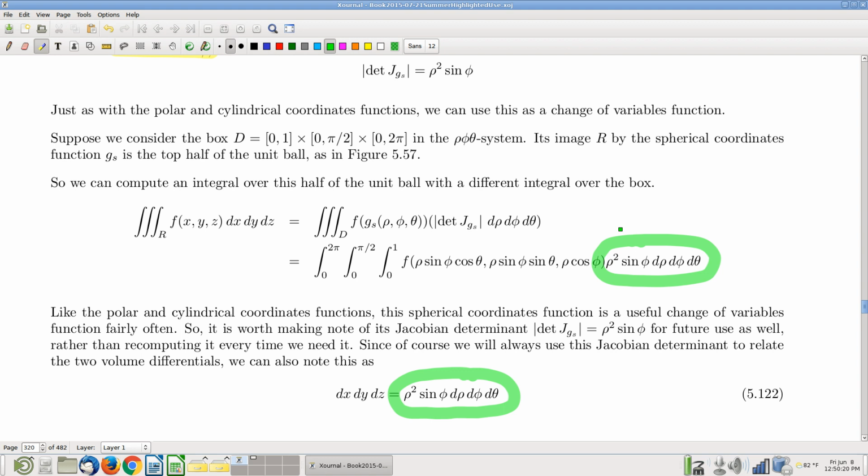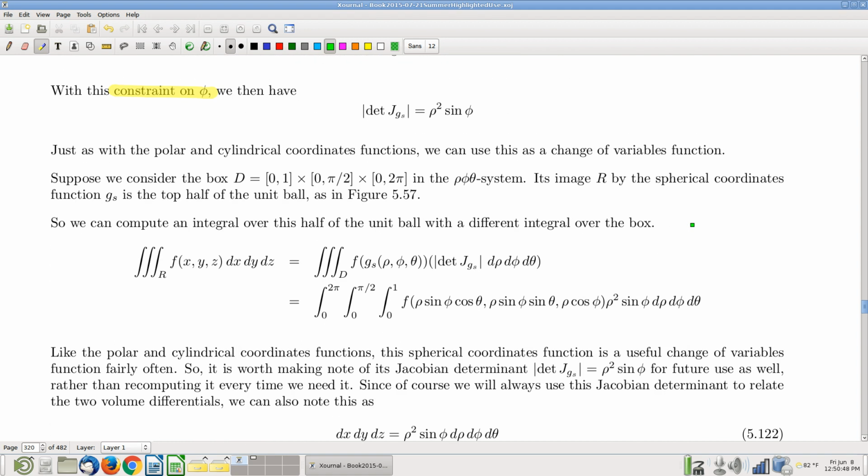So a great way to never forget it is to never write down the differentials without the stretching factor at the same time. So write this as a single thing. I encourage you to memorize this as a single thing: rho squared sine phi d rho d phi d theta. Rolls off the tongue actually pretty well. So memorize that as a single thing, write it down as a single thing, and then you won't forget it.